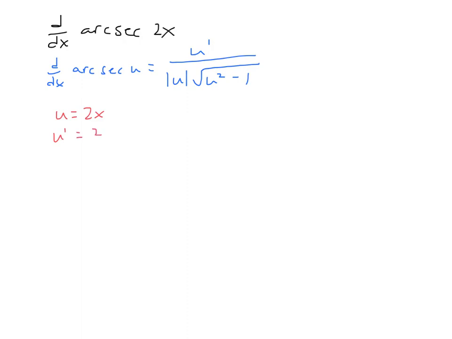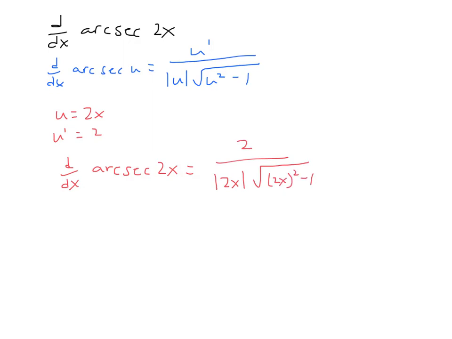And so I can say that the derivative with respect to x of the arc secant of 2x is going to be 2 over the absolute value of 2x times the square root of 2x, that quantity squared, minus 1.